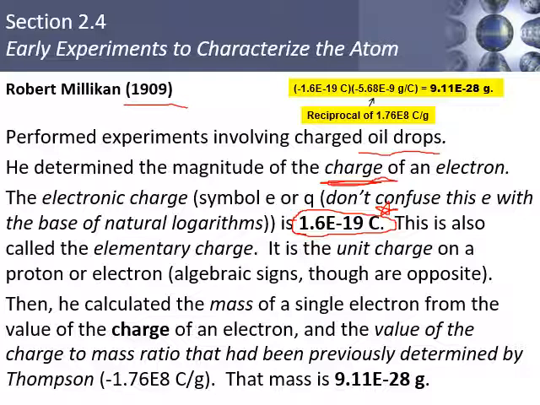And then knowing this value right here, knowing what the charge is, he could go back to what J.J. Thomson had figured out before, which was this ratio of charge to mass, which I just put the check by here. But in order to figure out the mass, since he had the charge now, he had to flip this number upside down.